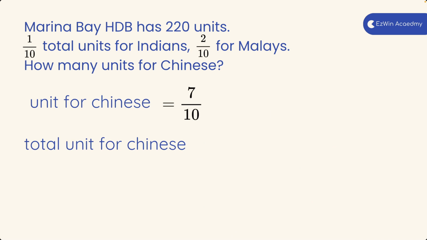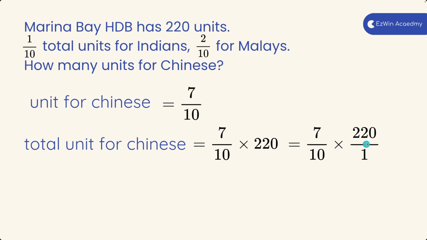The second step is, since we know how many units are for Chinese in terms of fractions, we still need to get the total number of units. We have a total of 220. So we can have 7 out of 10 of 220 units, which is 7 out of 10 multiplied by 220 units.